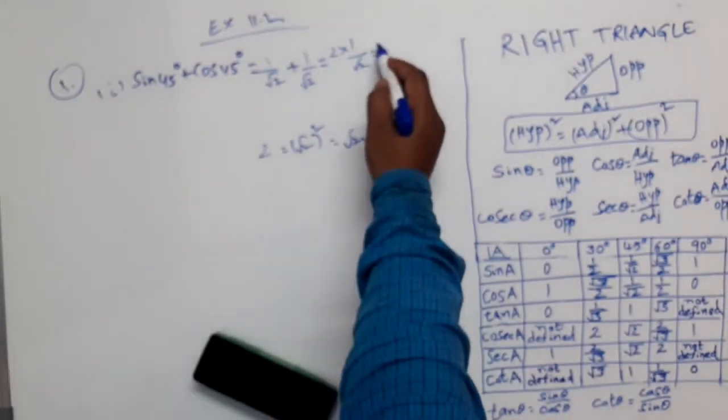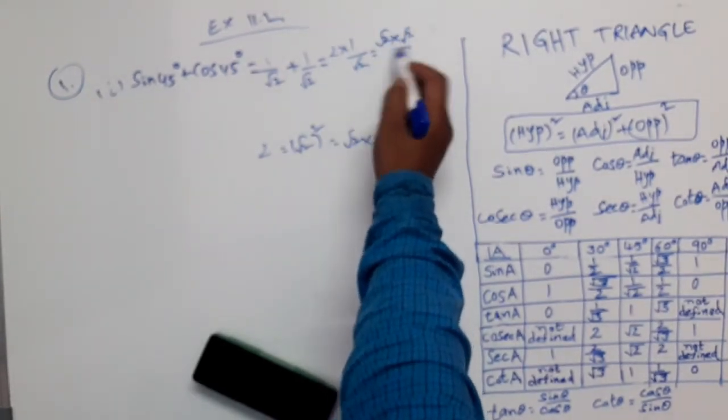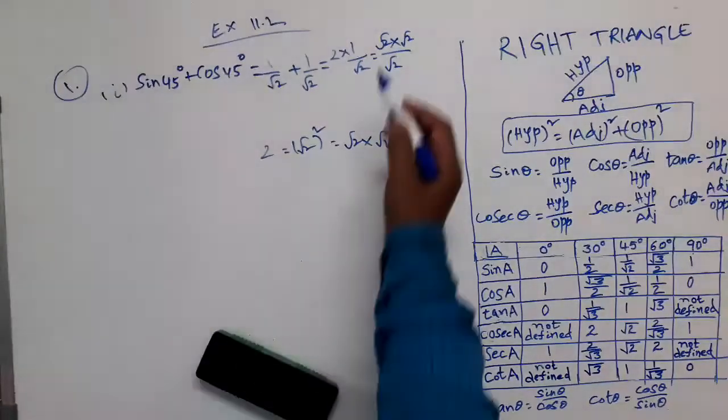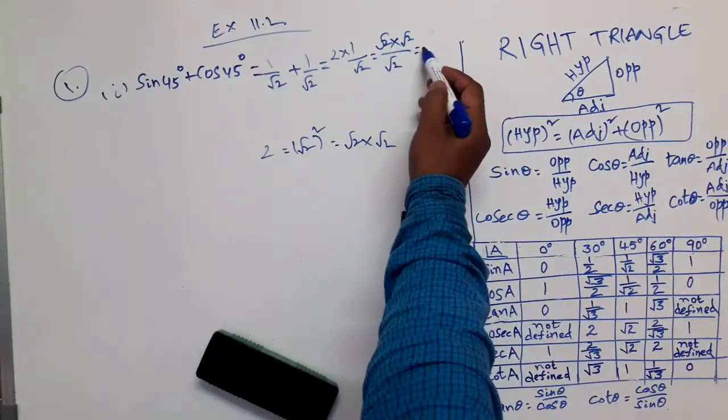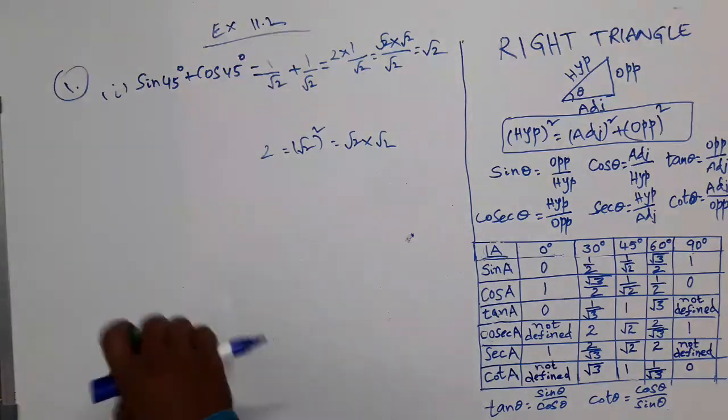So I will write it as root 2 multiplied by root 2, so that I can cancel one root 2. So what will be remaining? Root 2. So root 2 is the answer for this part.